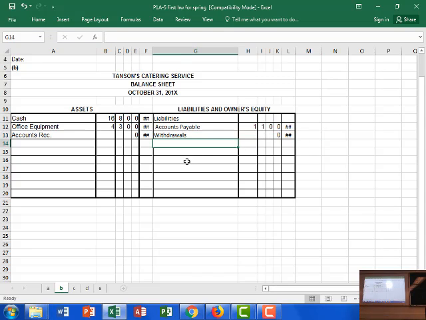We have the capital, right? And how much do we have in owner's equity as far as the capital account? How much did we invest at the beginning? Let's go into A. $20,000. Remember?